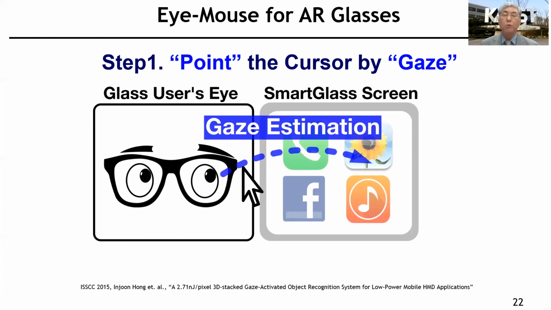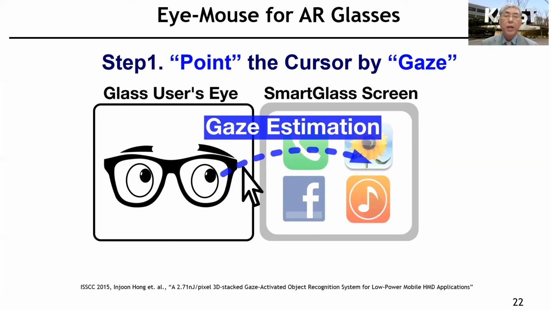Because you are shouting, or you use your hands to input some command to your glasses. So instead of voice or touch, if you can use your gaze as an interface, then nobody knows what you are doing.